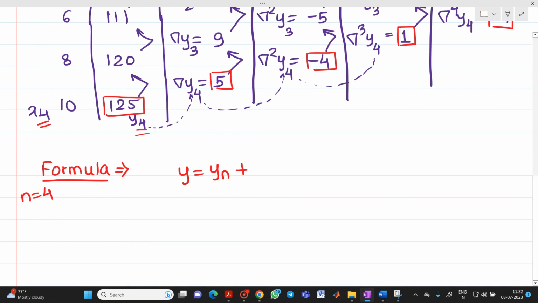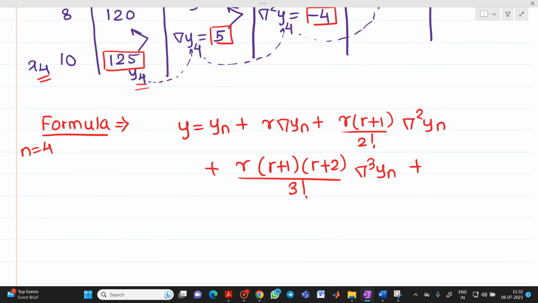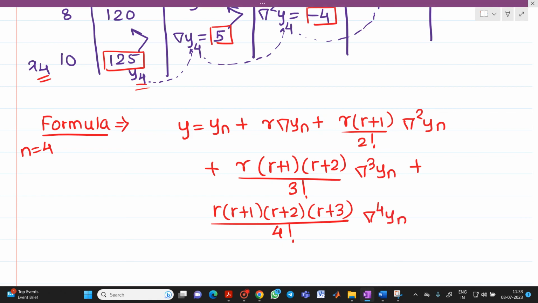So, yn plus r into del yn, plus r into r plus 1 upon 2 factorial del square yn, plus r into r plus 1 into r plus 2 upon 3 factorial del cube of yn, plus r into r plus 1, r plus 2, r plus 3 upon 4 factorial del raised to 4 of yn.